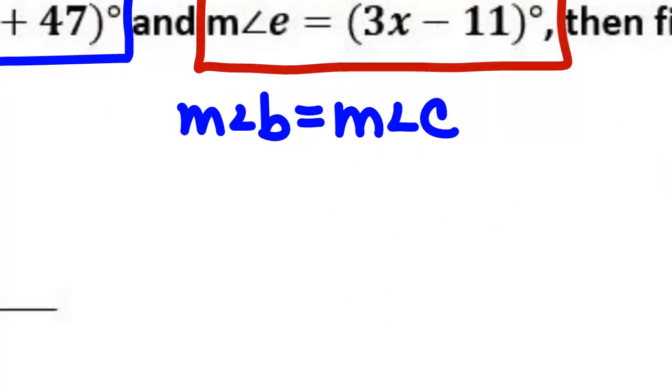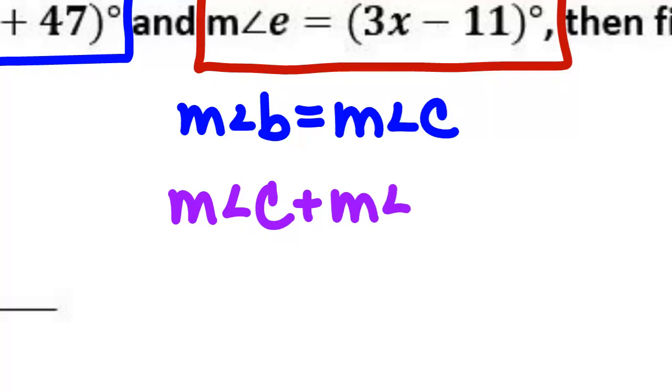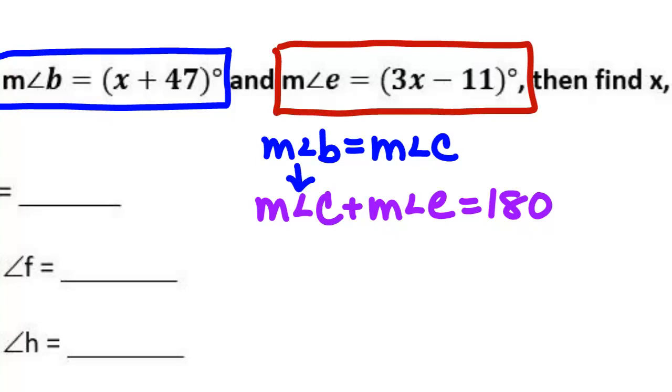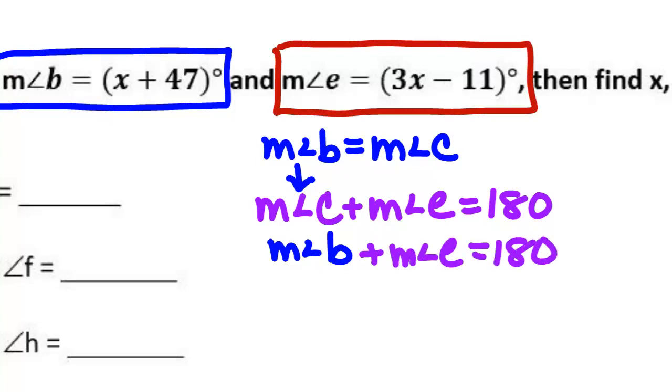So that means the measurement of angle C plus the measurement of angle E equals 180. We said angle C is the same size as angle B, so that becomes the measurement of angle B plus the measurement of angle E equals 180.